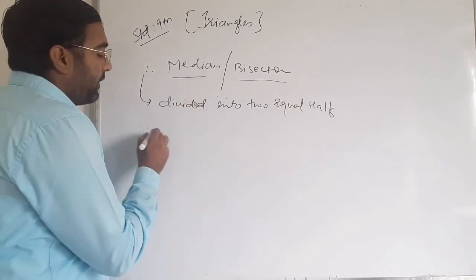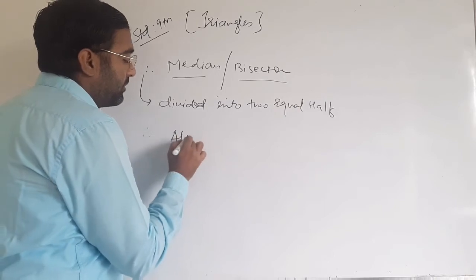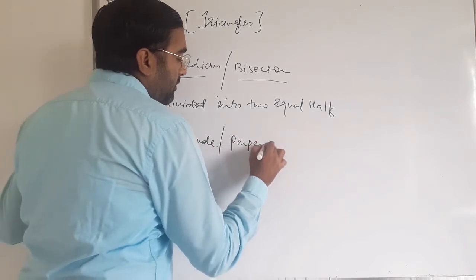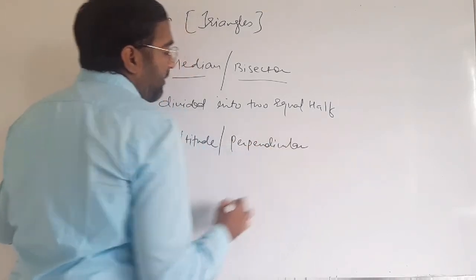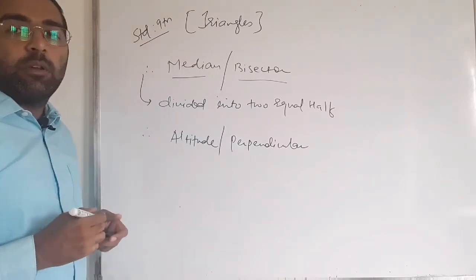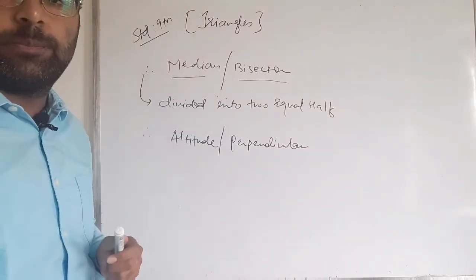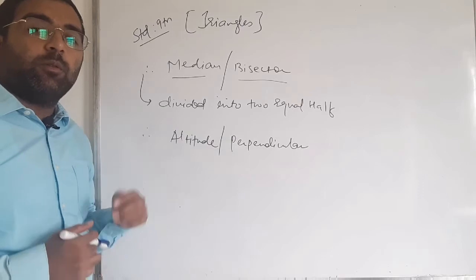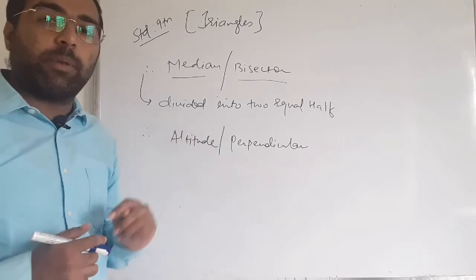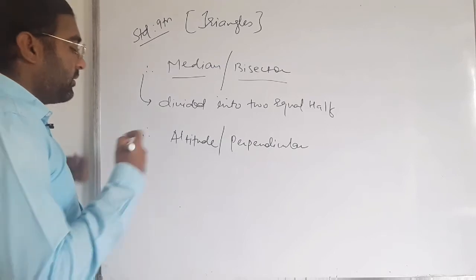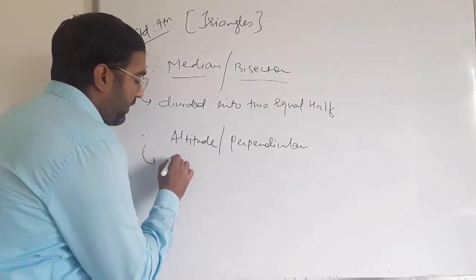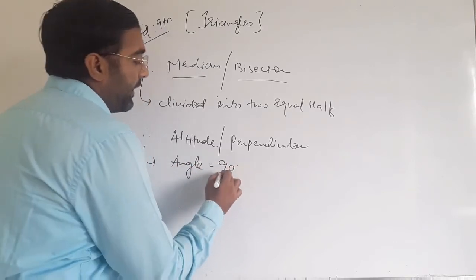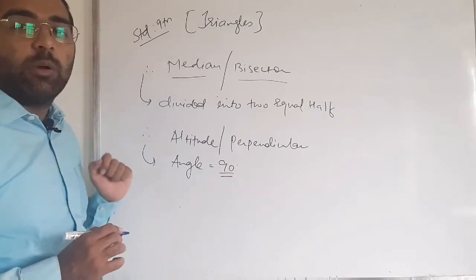And whenever we use the term altitude or perpendicular, it means the angle is equal to 90 degrees.